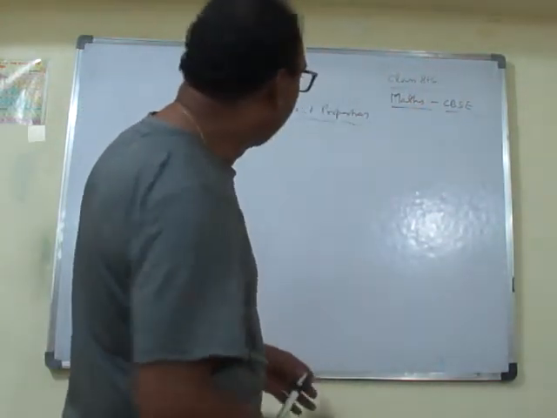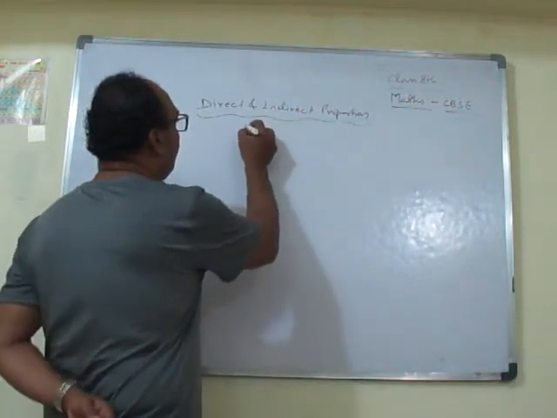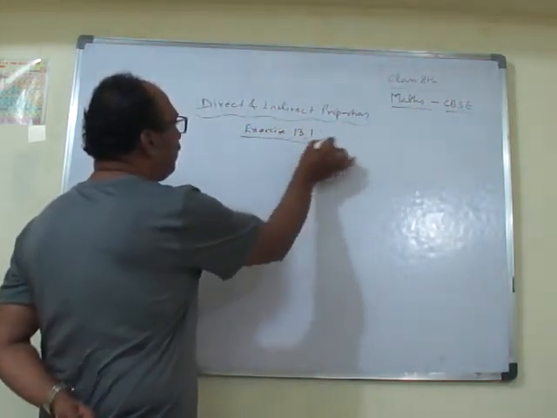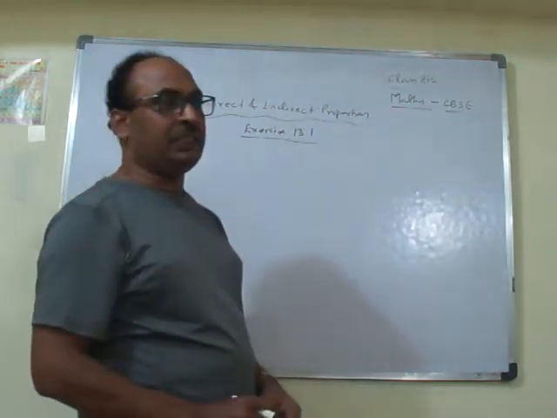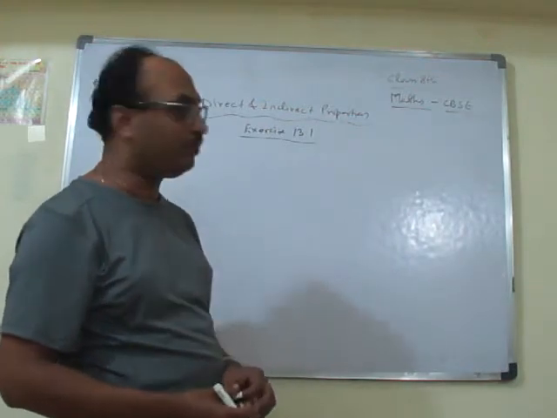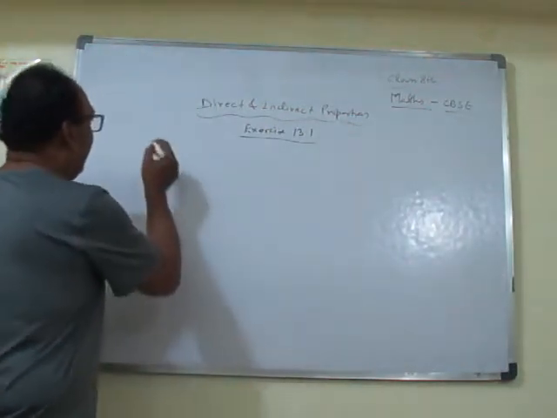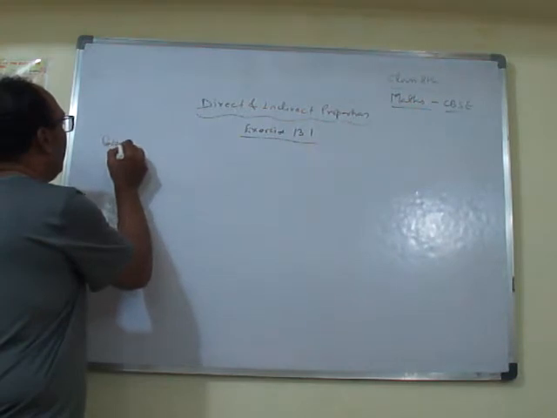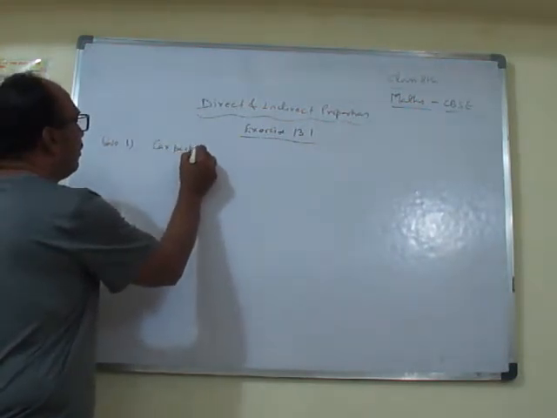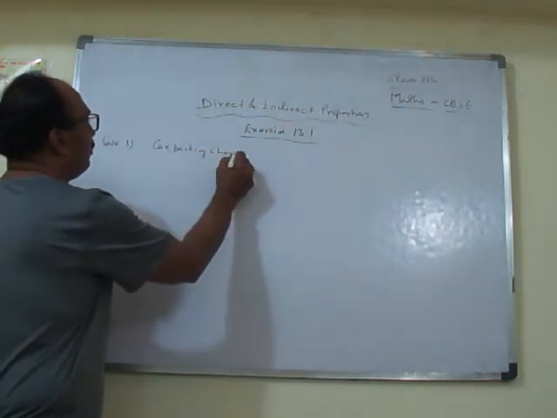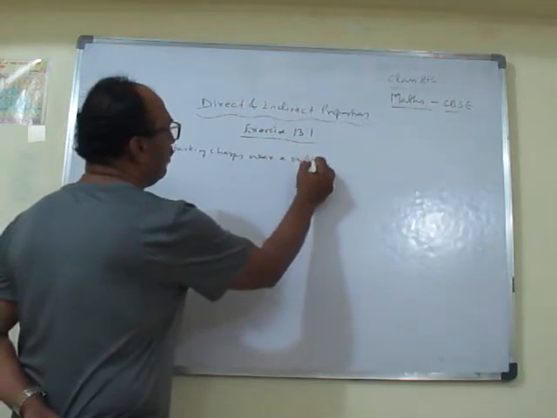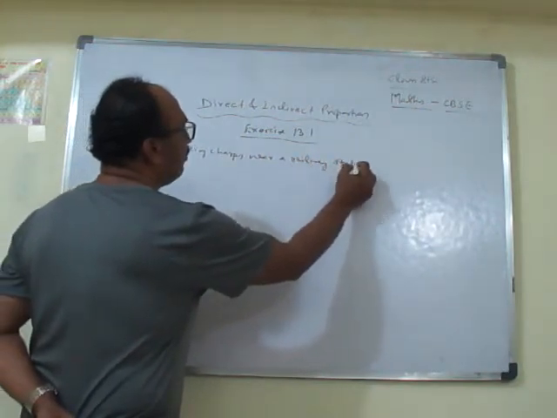Please come back to exercise 13.1. So the question given is, following are the car parking charges near a railway station. So we are given in question number 1 car parking charges near a railway station.